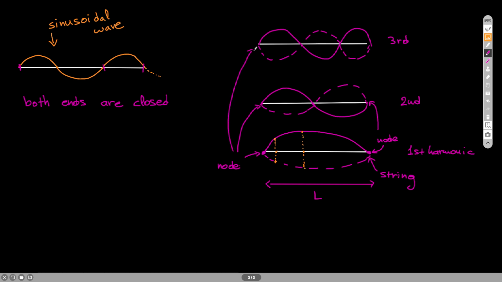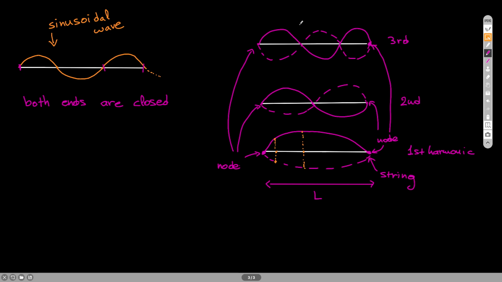Okay, this is a node. This point never moves. This point never moves. This is also a node. Now, the ends are not the only nodes. If you see here on the first harmonic, it includes no nodes between the two ends. The second harmonic includes one node, and that is right here.